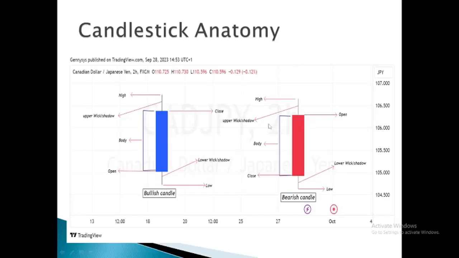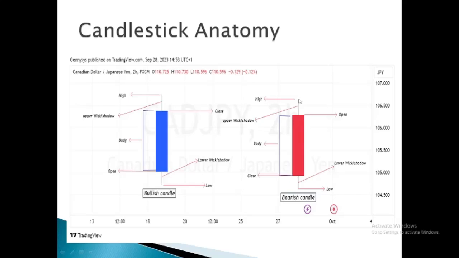If we look at the bearish candle, it's the exact opposite of the bullish candle. The bearish candle opens up and closes down, right? So let us assume this is a 1 hour candle. At the start of this 1 hour, the price of this asset was here. Somewhere within that 1 hour, the price was all the way up here.